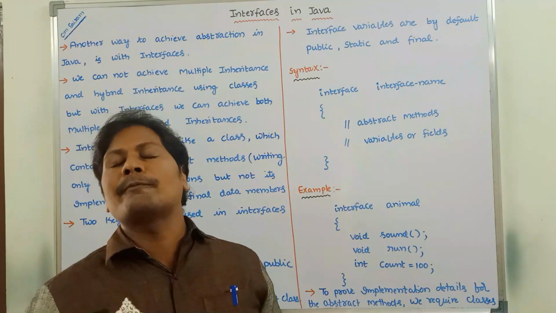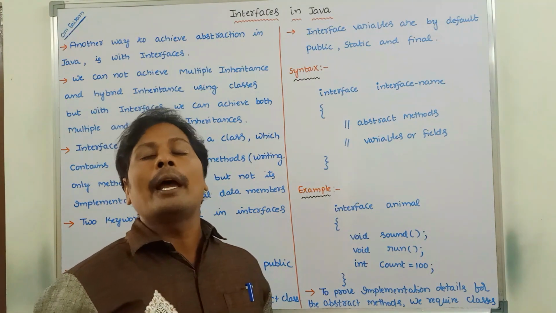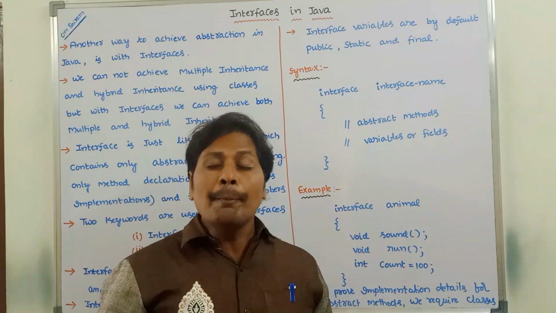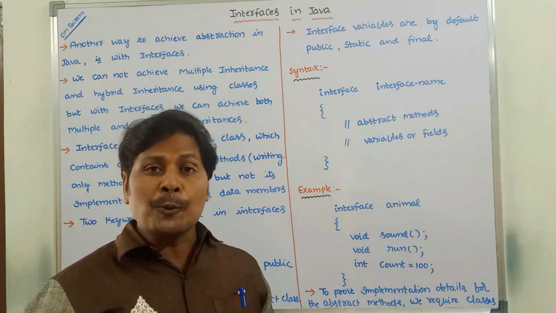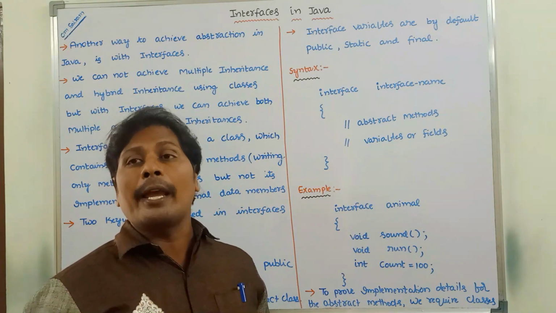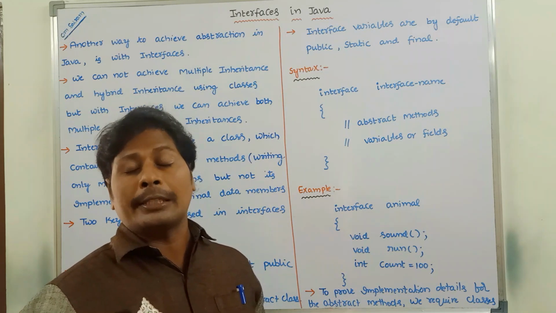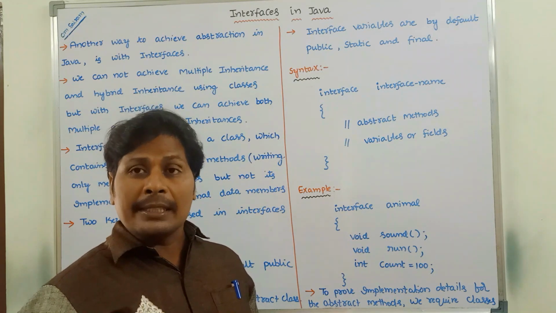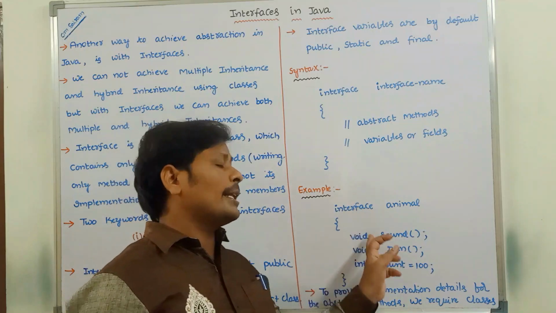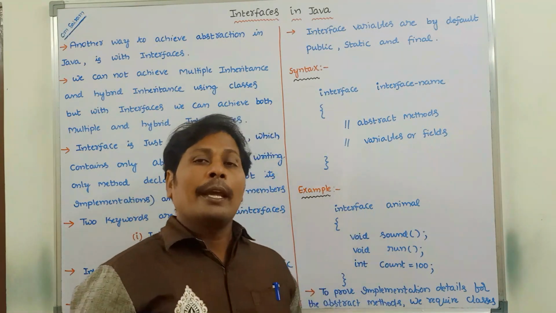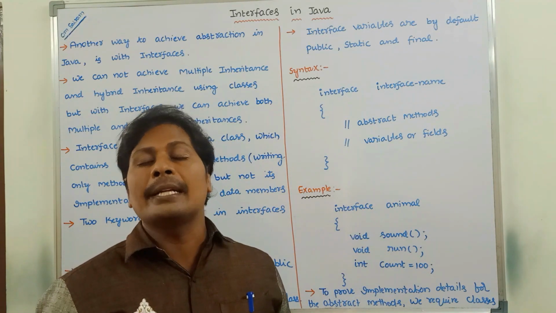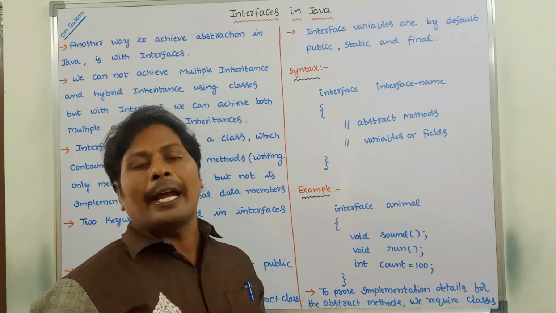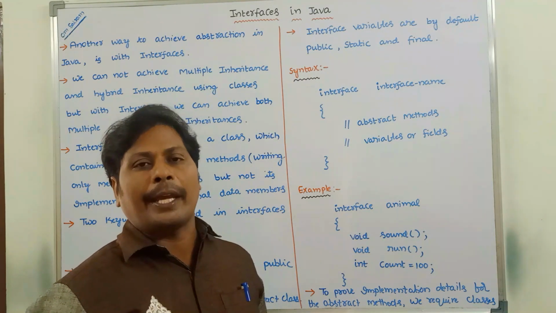For that purpose, we have to use a keyword called implements. The implements keyword is used to provide the implementation or definition for the methods that are declared within the interface. A class can implement multiple interfaces.